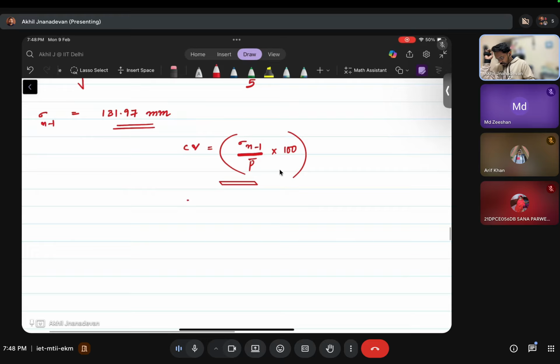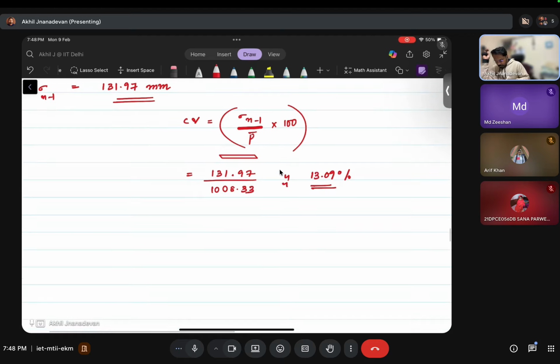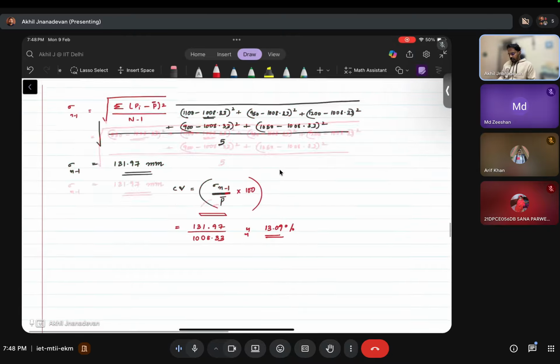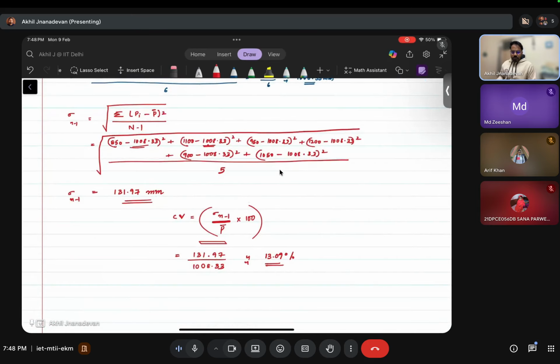If you substitute the values that we calculated, that will be 139.7 by 1008.33. That will come around 13.09 percentage. Right. So this is the actual error. The coefficient of variation is the actual spread, or historical variability, of the rain gauges as of now.